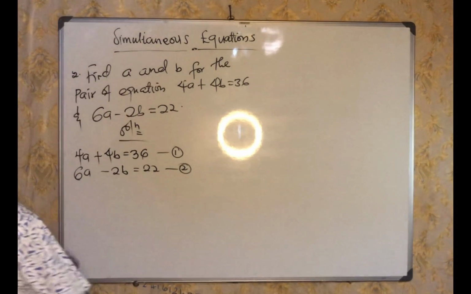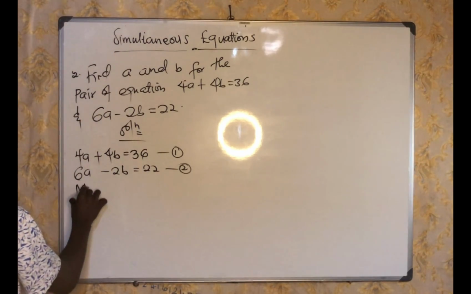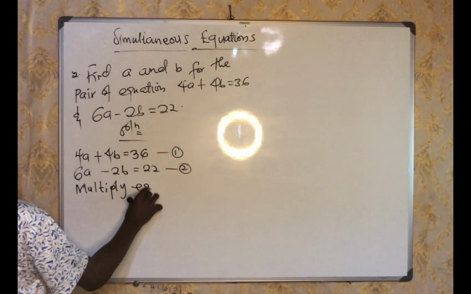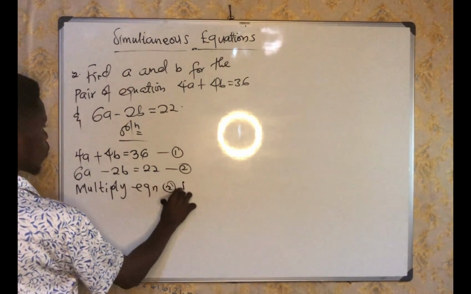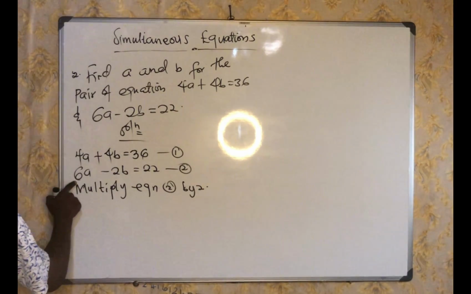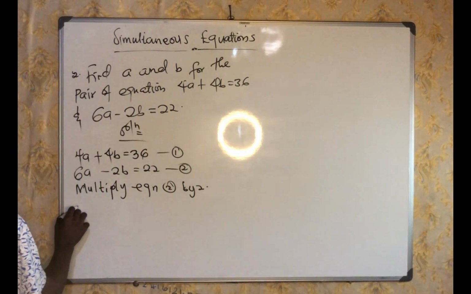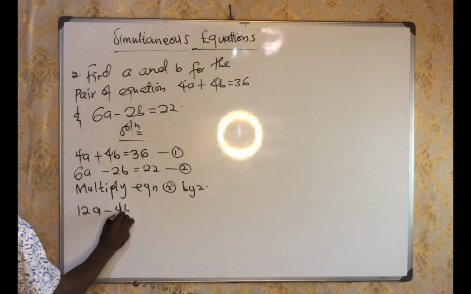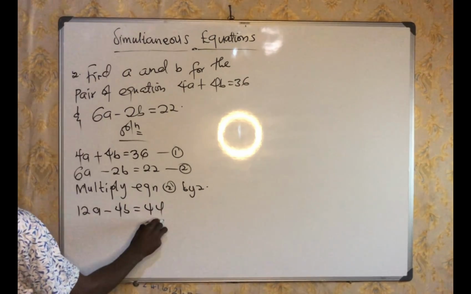So I will simply multiply equation 2 by 2. That will be 2 times this one, which gives us 12a minus 4b equals 44.